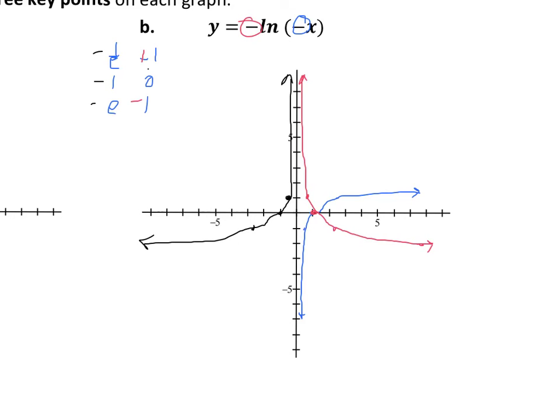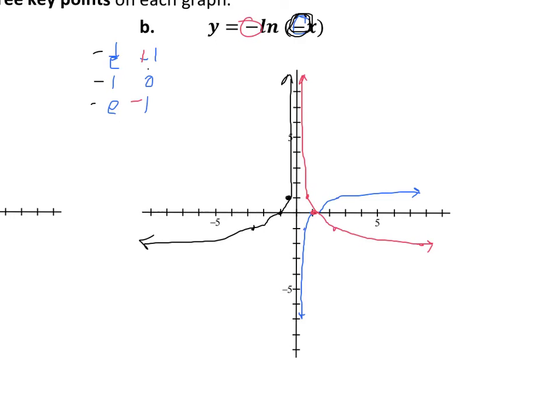Why did you make the 1 over e negative 1 over e? Why'd you make it negative? Because of this sign right there. I thought that shifted it to the right. Nope, it shifts it if it's behind the x. So if it were x minus 2, then I would shift it to the right 2.